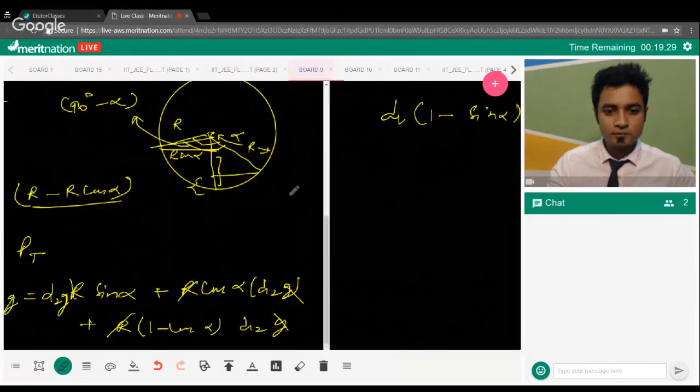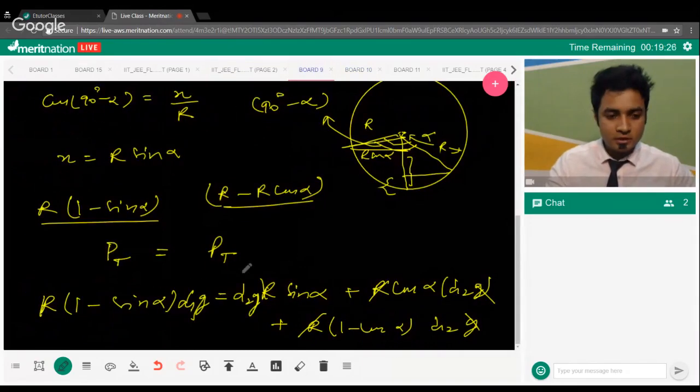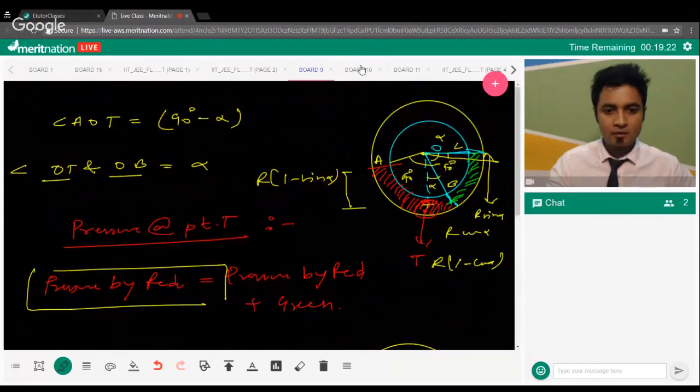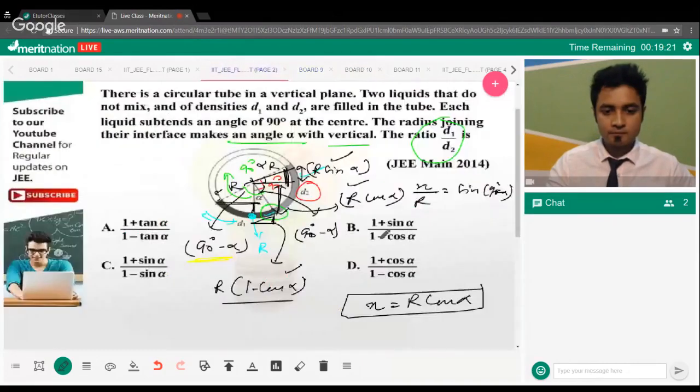Yes. So I just need to see it once more. Yes, 90 minus alpha. This is d1, this is d2. Okay, I'm just checking it, guys, whether I have made it correct or not.